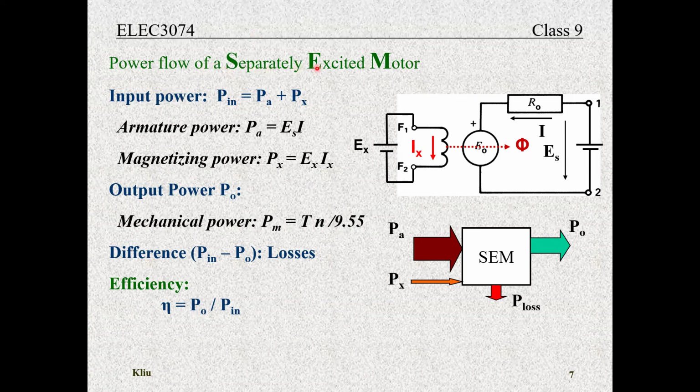Now, separately excited motor. It is also the lab that we're going to use. There's the shunt configuration or series configuration in our lab equipment. Shunt is that the field is excited separately, being fed power or voltage into it, and the armature, as opposed to, as I said before, series configuration when the armature and the field are connected in series.